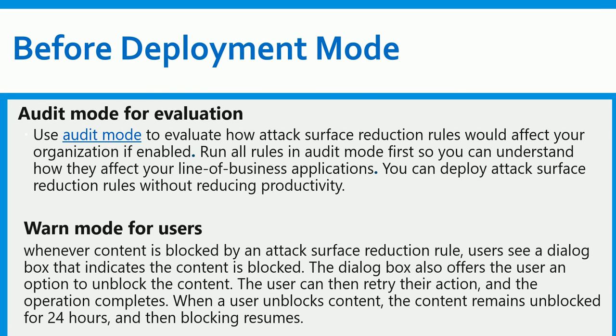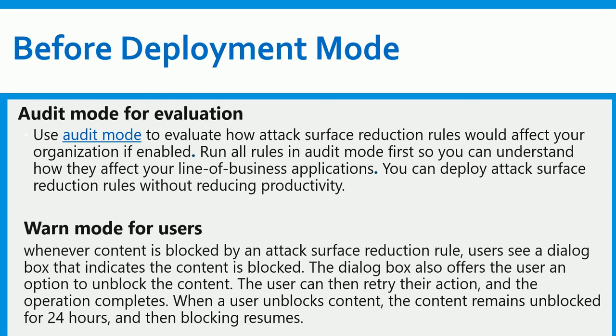Use the audit mode to evaluate how an attack surface reduction rule would affect your organization if enabled. So it will give you the visualization of how it will react if you enable this ASR rule. It will give you the result before deploying it.